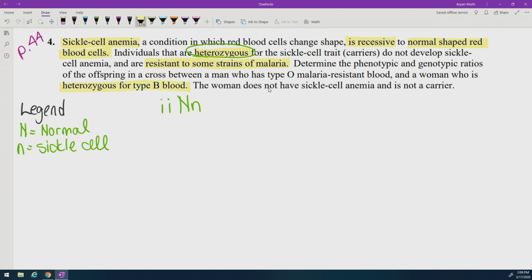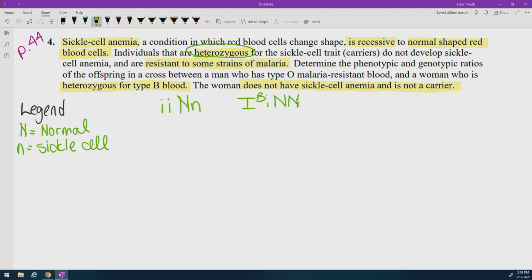The woman does not have sickle cell anemia and is not a carrier, which means she is homozygous dominant. So she is heterozygous for type B blood and homozygous dominant for the sickle cell trait.